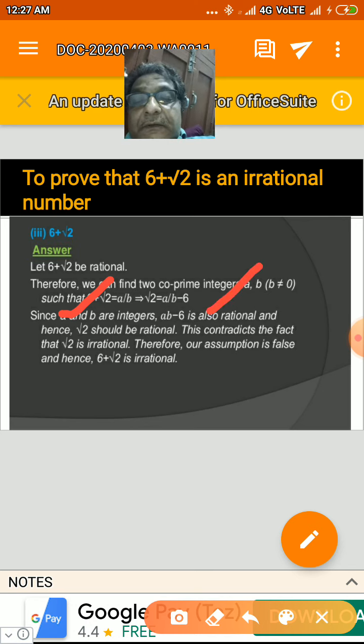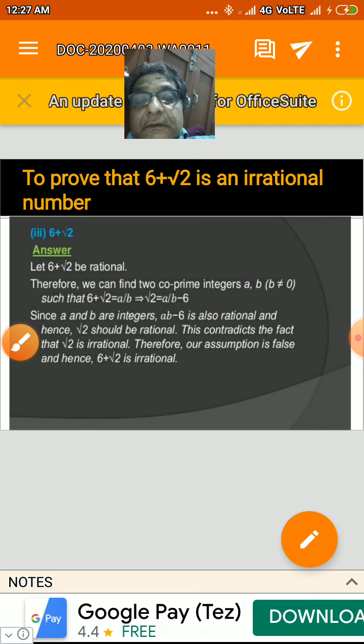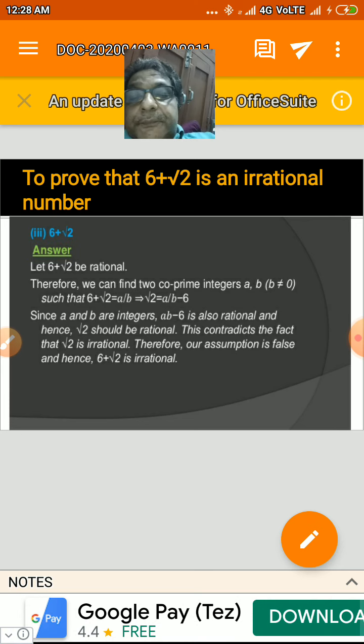Now we will explain this equation. Here, students, it is clear that a by b is a rational number. We have already supposed that, and we know rational minus rational, rational plus rational, rational into rational, rational divided by rational, these processes always result in a rational number.